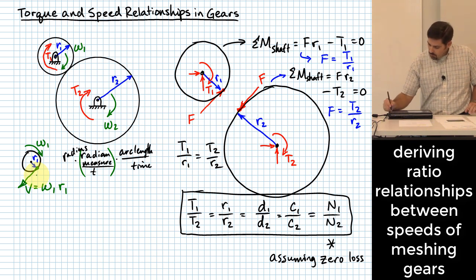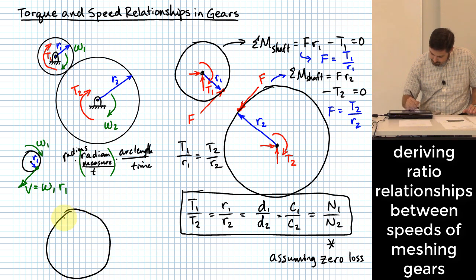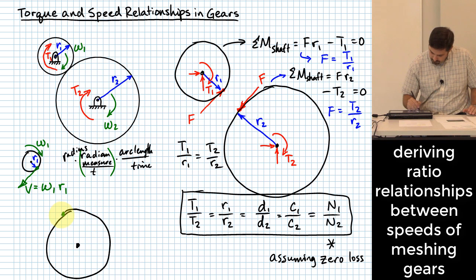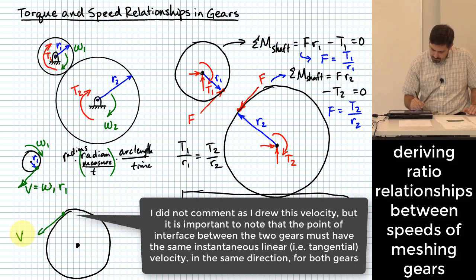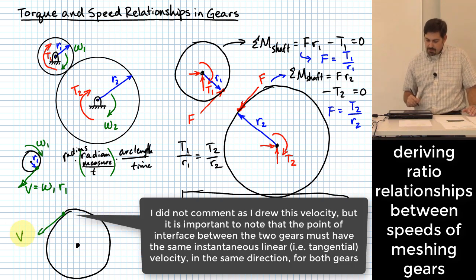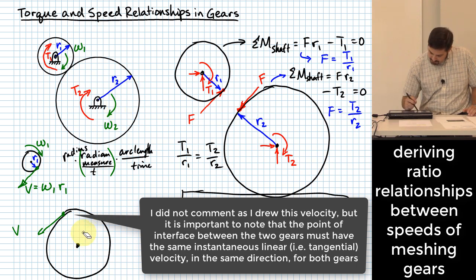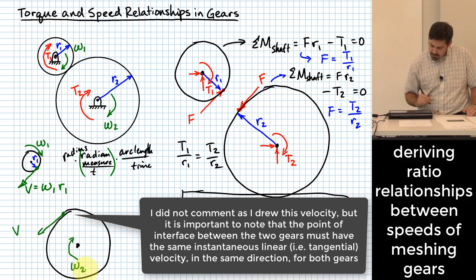Can we do the same thing on the other gear? The v that I have here is going to be what? It's going to be based on this omega that I assumed, omega 2, and we still have r2.